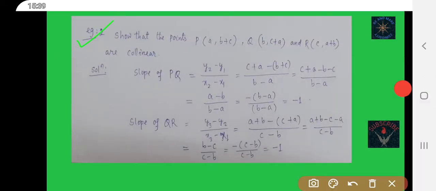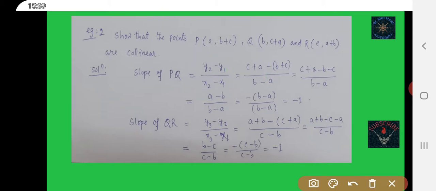Example 2. Show that the points P, Q and R are collinear. So here also you find the slope of PQ and QR. If slope of PQ is equal to slope of QR, then we can say P, Q and R are collinear points.